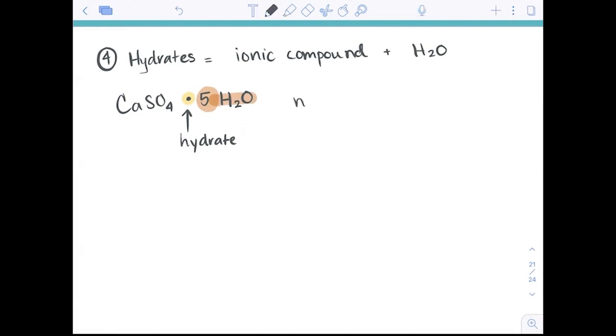So we name the ionic compound the same as before, whatever category it fit into, 1, 2, or 3, main group, transition elements, or polyatomic, plus we add a prefix plus the word hydrate.